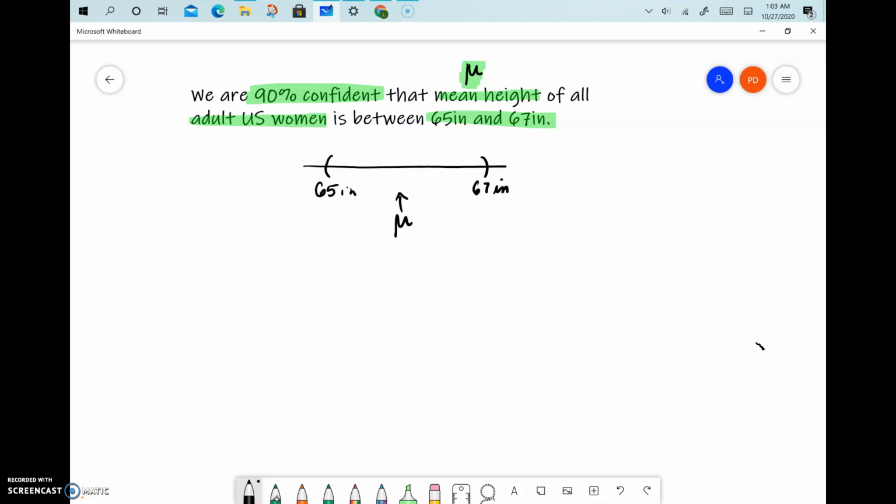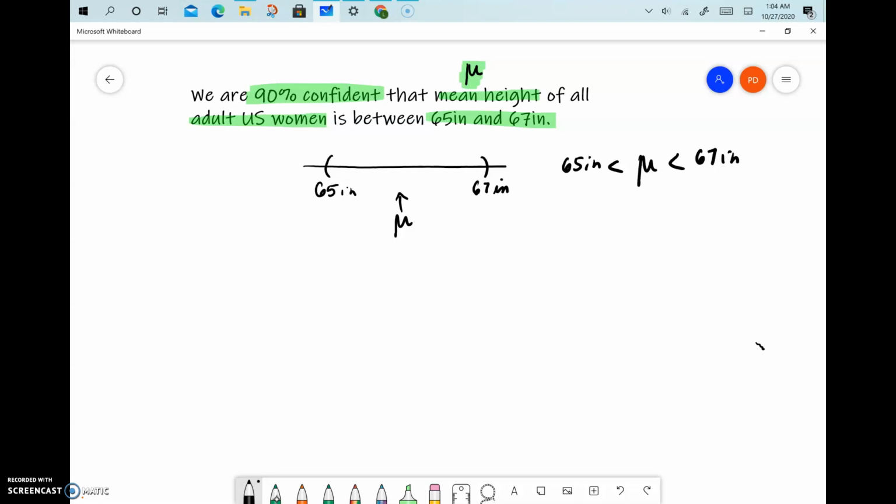It's possible that the mean is not sitting within that given range. That is the confidence interval. So what exactly does this mean? It means that the mean most likely, with 90% confidence, is between 65 inches and 67 inches. So what precisely does that mean?